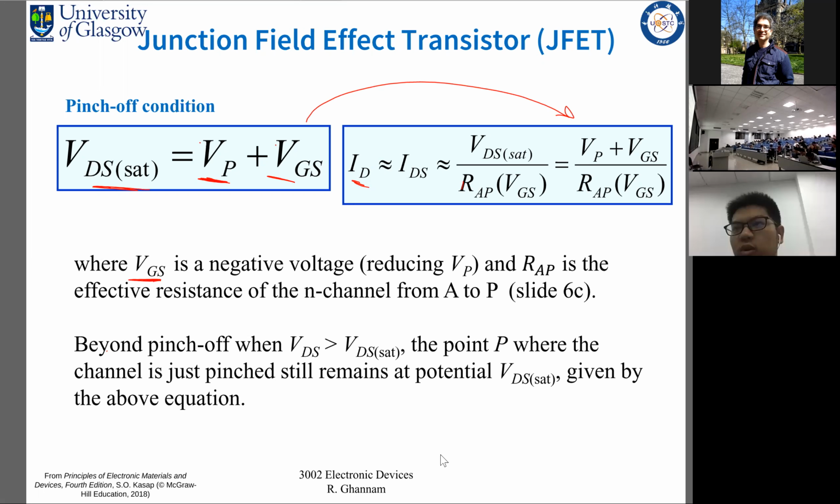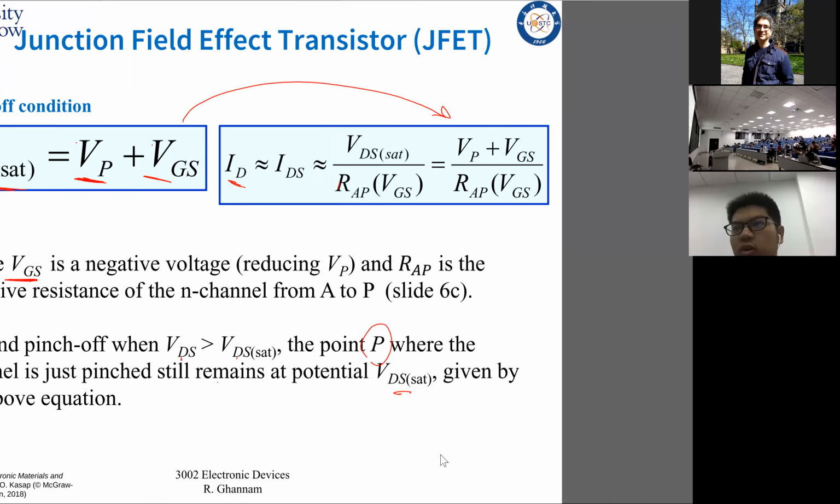Beyond pinch-off, so when VDS is much greater than VDS SAT, the point P, where the channel is just pinched off, still remains at potential VDS SAT, given by the above expression.